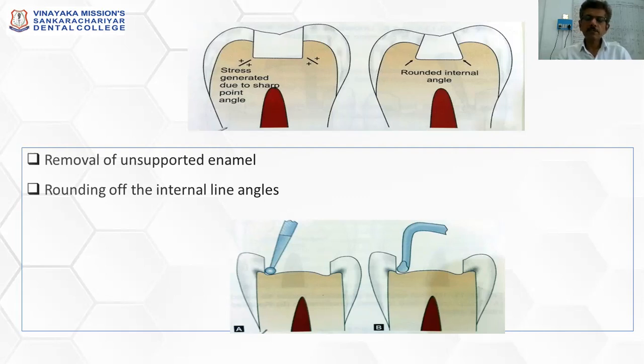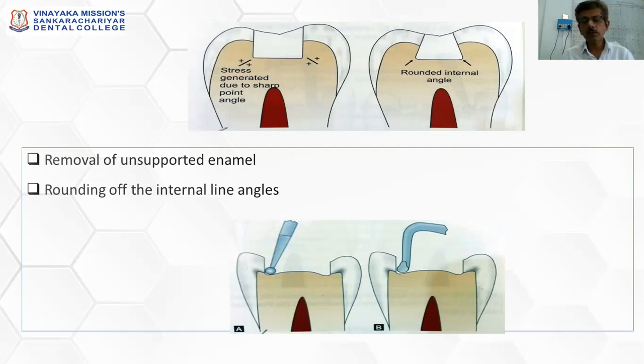Now, when you make this cavity, another thing is that there are line angles and point angles. I need not go into the details of what exactly these terminologies are. It's necessary that you round off these internal line angles and point angles, be it a class 1 or a class 2.